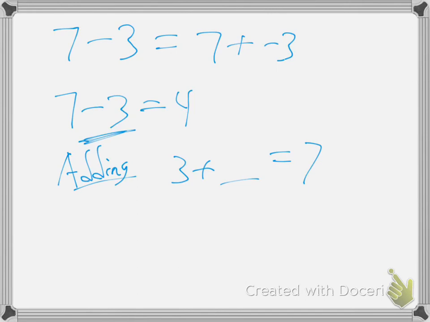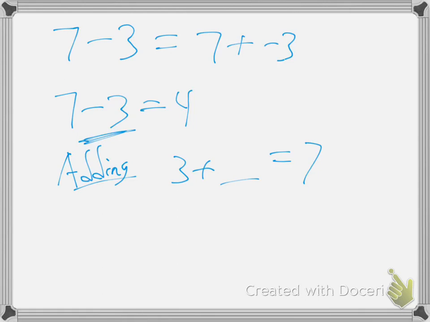Subtraction can be seen as adding with a part missing, can't it? That's a good way to bridge, like when you first tell kids about adding, and they've got it down, and you go to this thing called subtracting, you can say, look, it's the same thing, kids. It's just adding where you're asking for the part missing. That's one way of viewing subtraction. Adding, subtracting are really the same thing.